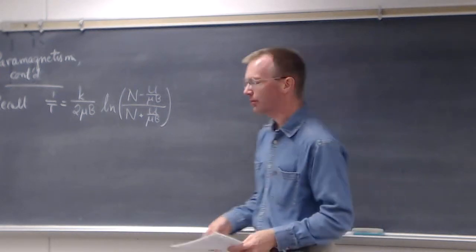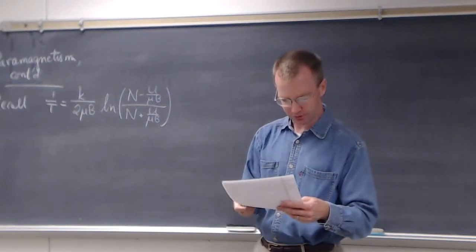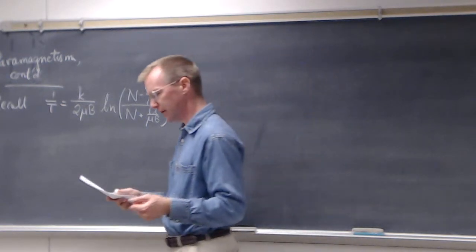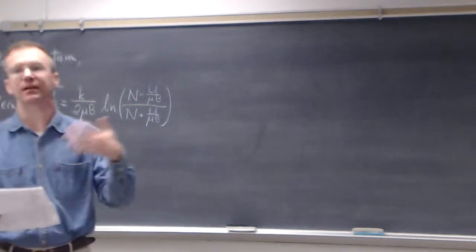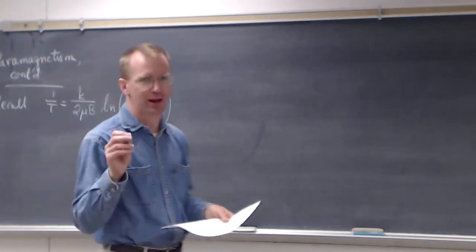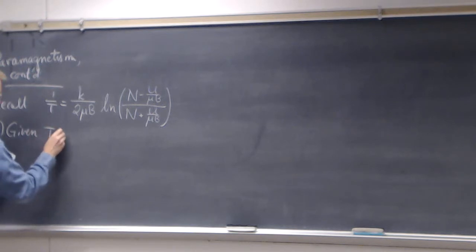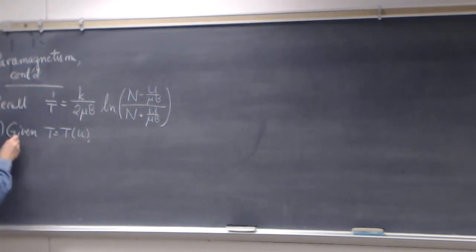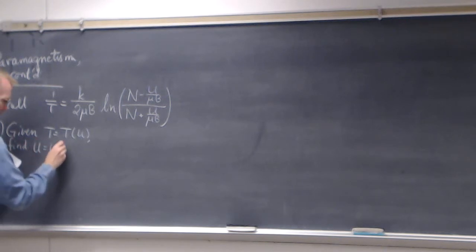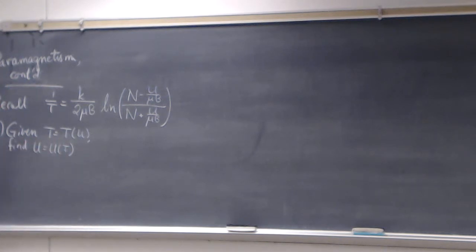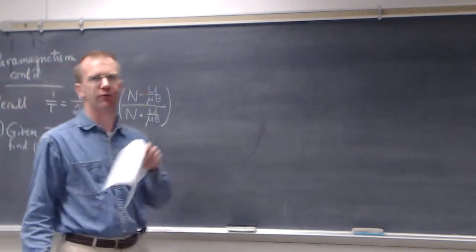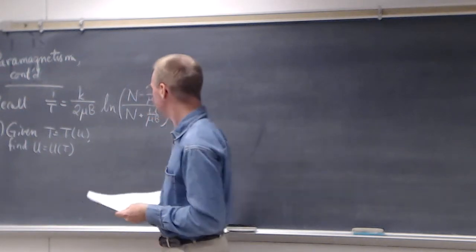So our next step, remember, we're going through these 5 steps on how we find energy, heat capacity, these kinds of things. So now we're up to step 4. Given temperature as a function of energy, solve for energy as a function of temperature.